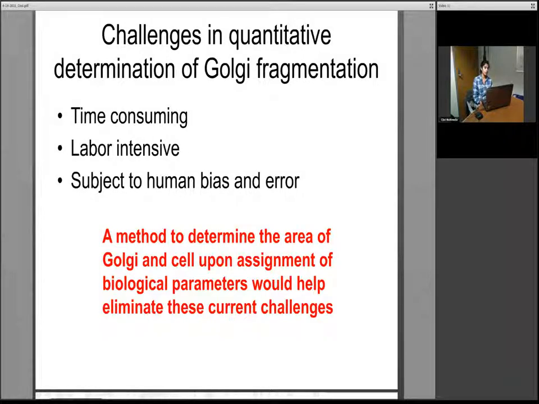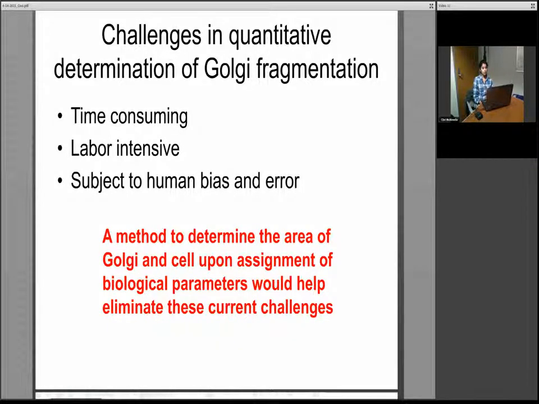So we're talking about 500 cells per group, and it translates into really large amounts of quantitation. This quantitation is, first of all, very time consuming. It's labor intensive, and depending on who is performing the analysis, there's going to be a large amount of error and bias associated with the data quantification.